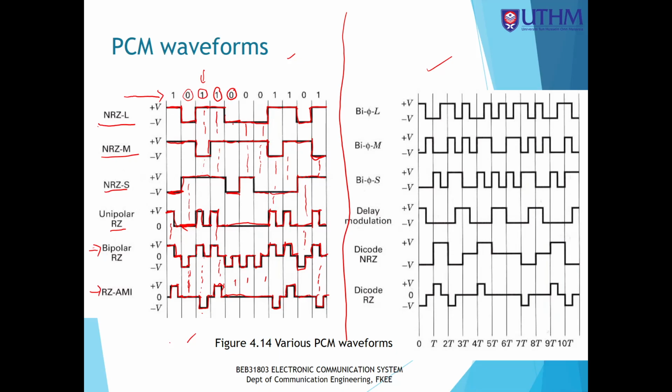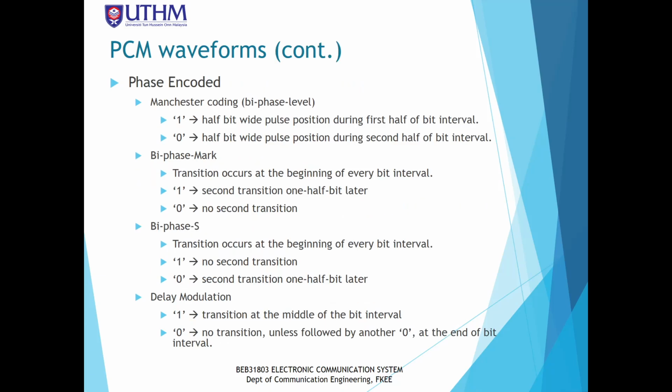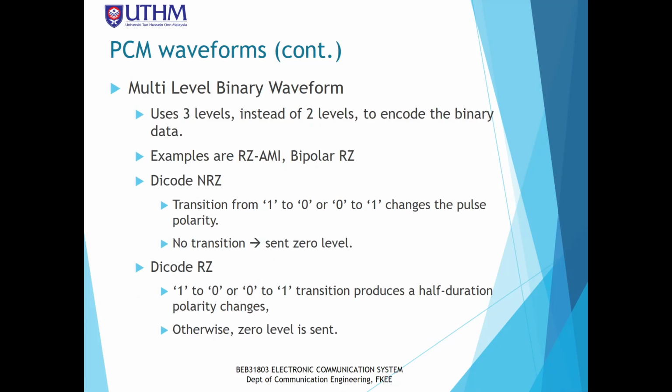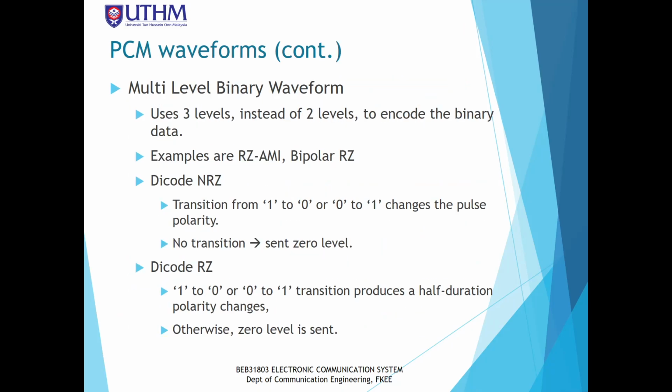There are many types of line coding, but for you it is enough until RZ AMI, for you to understand the way we change the code word into electrical pulses. So I have explained this. These are the explanations, and you can read them on your own.